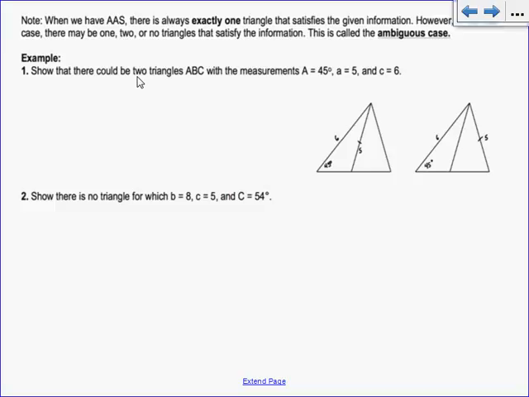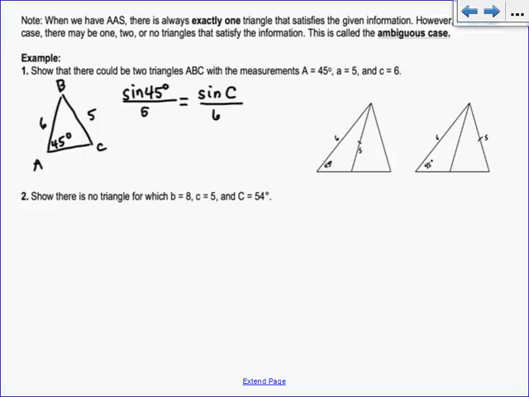Okay? So it says show that there could be 2 triangles, ABC, with measurements A is equal to 45 degrees, little a is 5, and little c is 6. Okay, so we want to show that there are going to be 2 things. As we do this problem, we set it up: I have sine of 45 degrees over 5 equals sine of angle C, which I don't know, over 6.